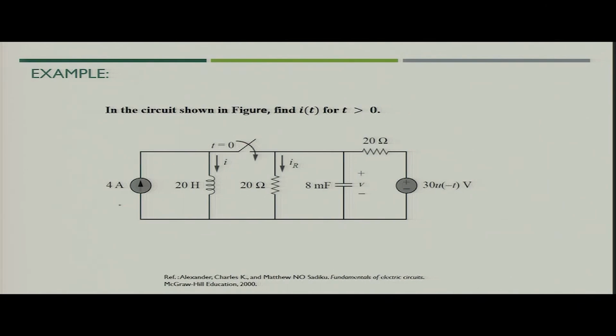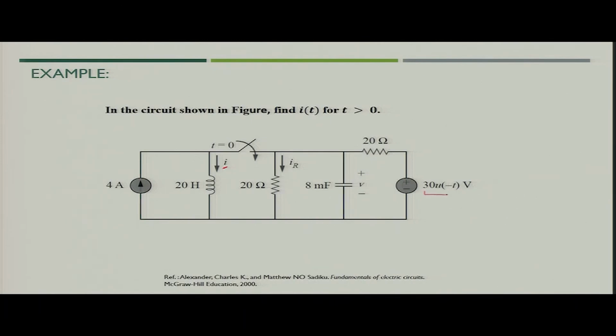One part is where the current source is available, the second part where the voltage source is available. The current will be flowing through the 20 Henry inductor. So, you can simply say current I at time t equal to 0 is nothing but 4 ampere. This you can get easily from the circuit.